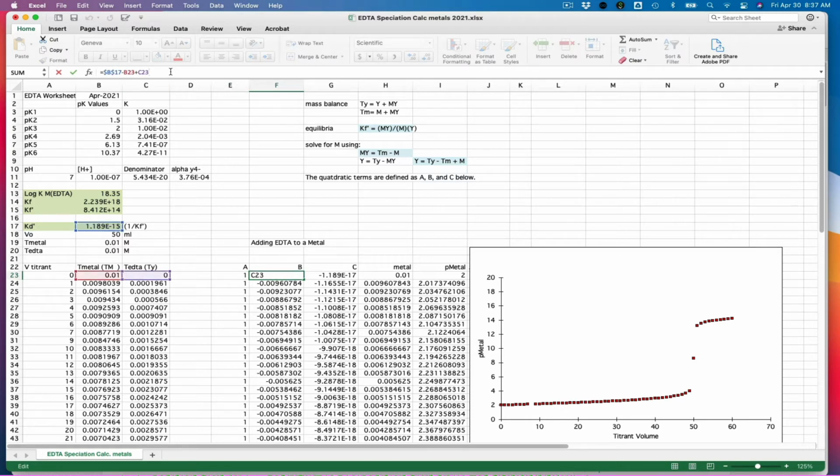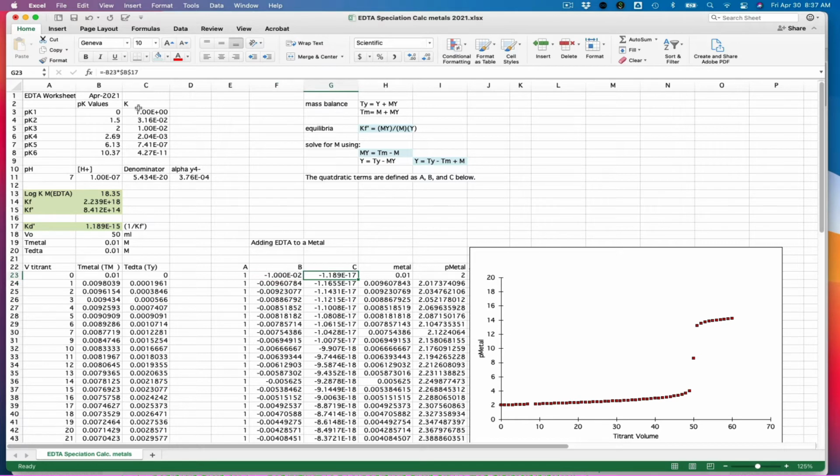The b term is equal to 1 over Kf, which is also Kd, so there's B17, minus B23, total metal. We're going to come back and define those in a second. Plus C23, total EDTA. That's my b term.